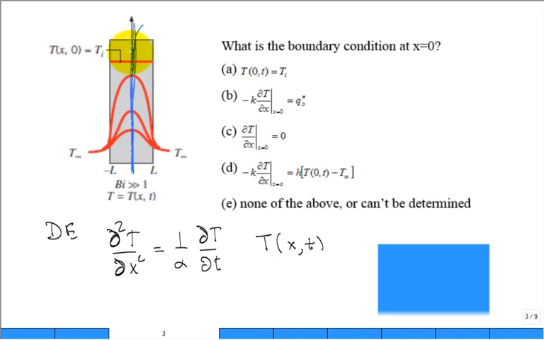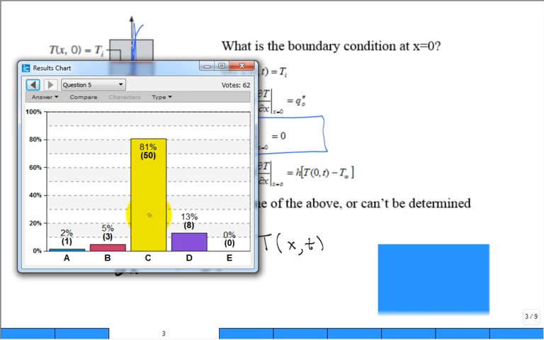It's symmetrical. Isn't the temperature distribution symmetrical at all times about the center line? So then we think, what was our favorite boundary condition for symmetry? We covered that before in another lecture. So let's go ahead and see how we did. Oh, we did pretty good.